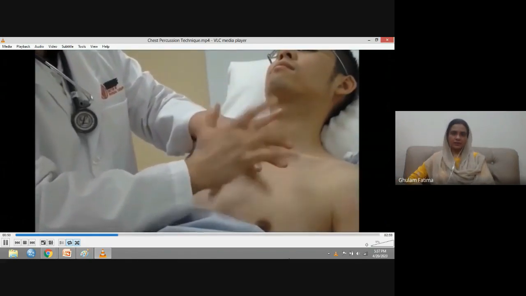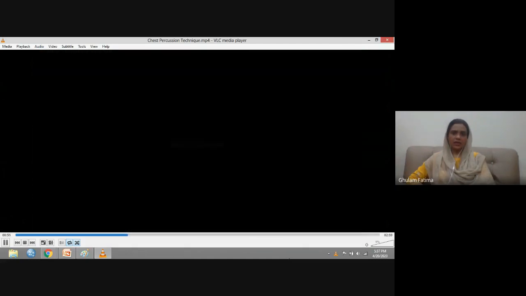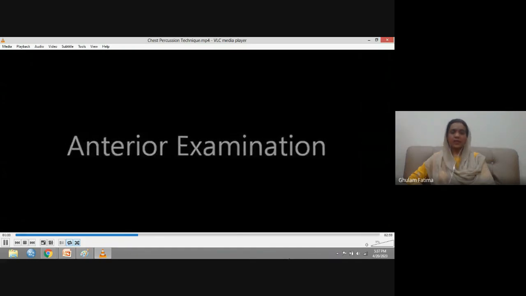Then the second intercostal space is being percussed, and this is simply how the method was explained.